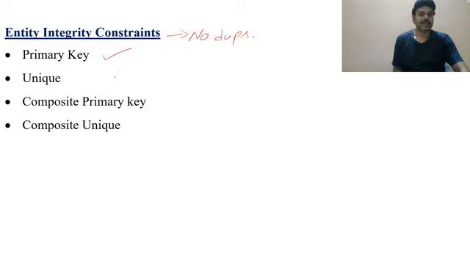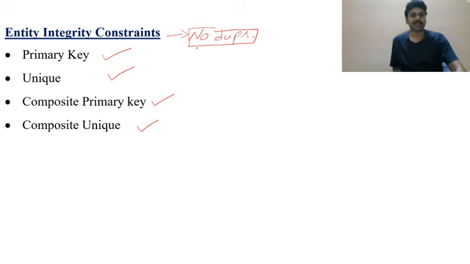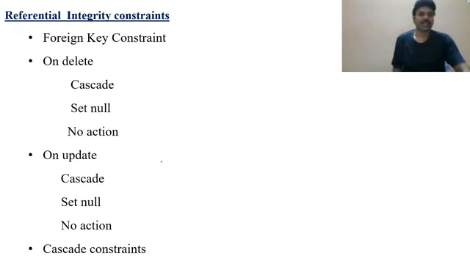The primary key, unique, composite key, composite unique mainly focus on not having duplicates. As far as referential integrity, the second part, is concerned, the very important constraint is the foreign key constraint. Now we will look in detail at each constraint, and on delete is also a very important constraint, and on update is also a very important constraint.